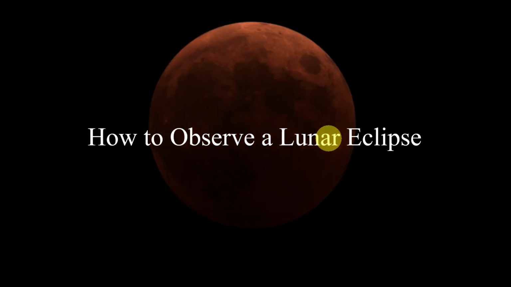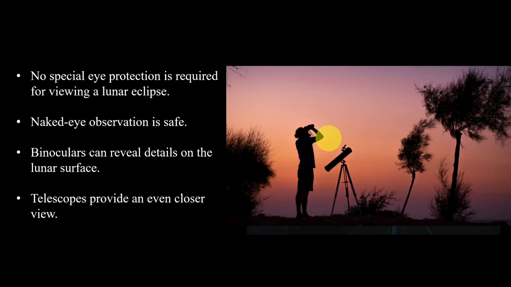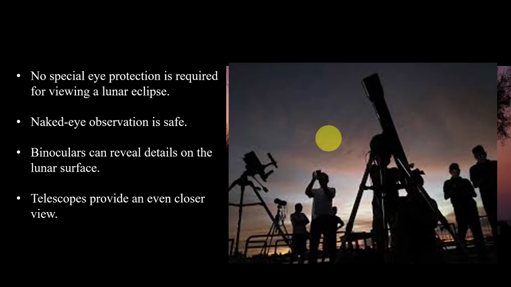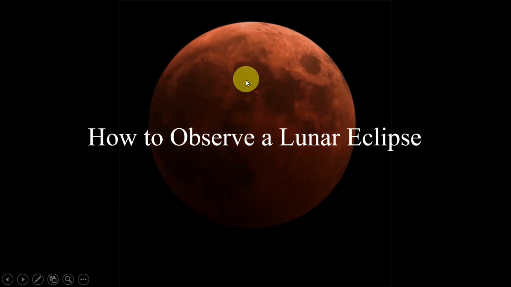So let us talk about how to observe lunar eclipses. It is generally safe to look at the moon during a lunar eclipse. There's no danger. You can look at it with your eyes. But if you want to have a better experience, you need binoculars or a telescope, so you can zoom in closer to the moon to take beautiful pictures. All of these pictures that I've shown you about eclipses were taken with telescopes.